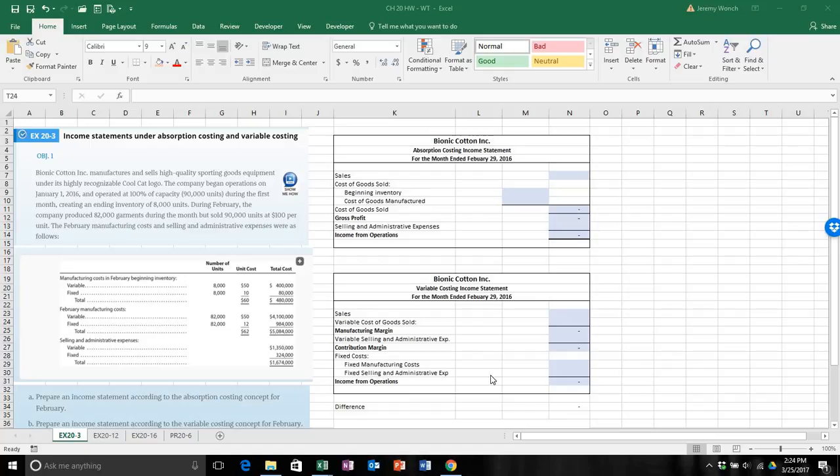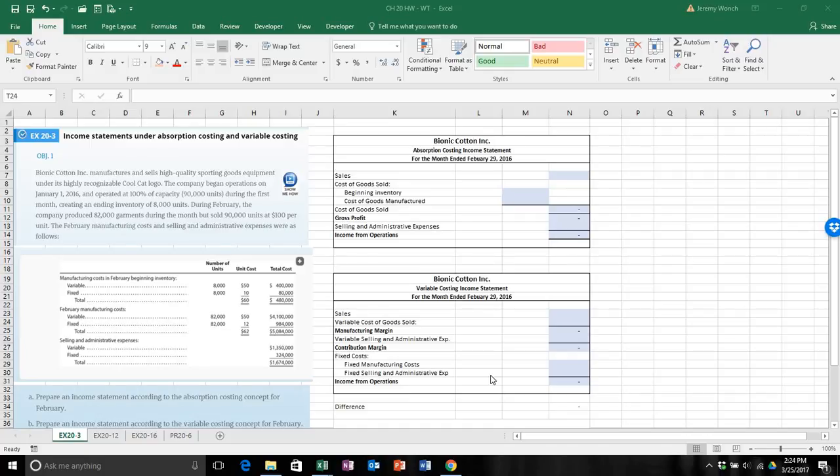That's a great way to do things when you're trying to figure out your true product cost, because when I sell a good, you want to know all of the costs related to that. That's what absorption costing and regular accounting is built for.